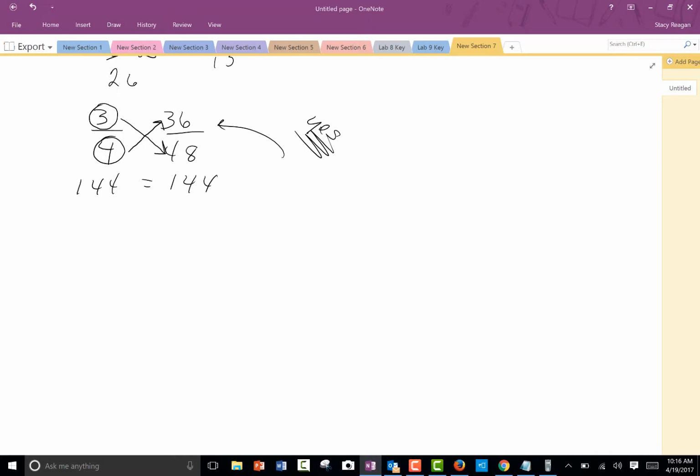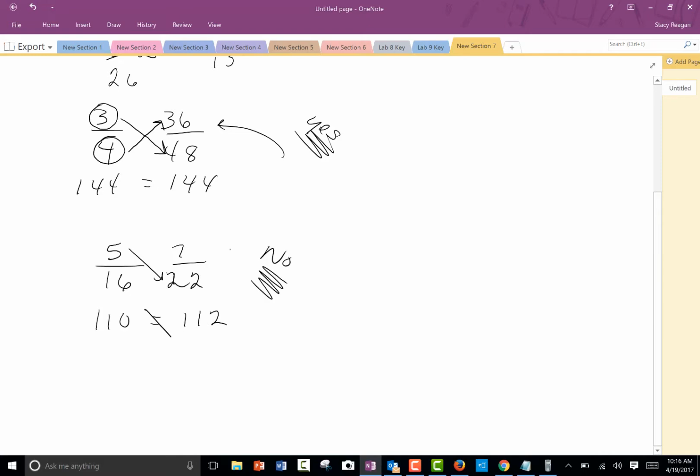Like on part B, again page 178, example 3, 5/16 and 7/22. 5 times 22 is 110, and 16 times 7 is 112. Those two things are not equal, so no, this is not a proportion. So that's what you're looking at for the property of proportions. On your outline it says to make sure that you can work through example 3, and again, that's on page 178.